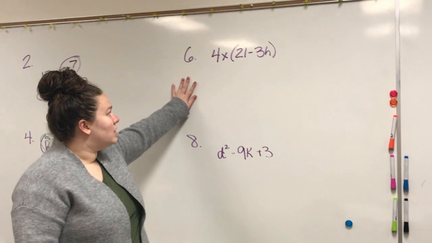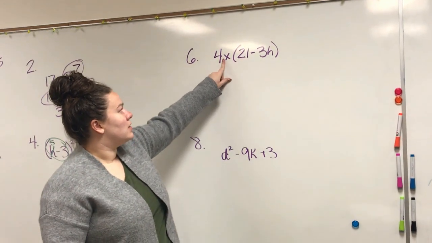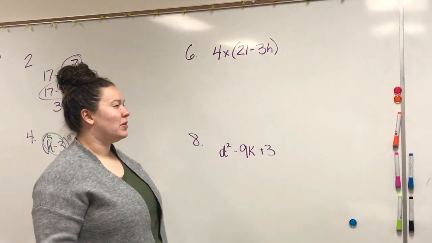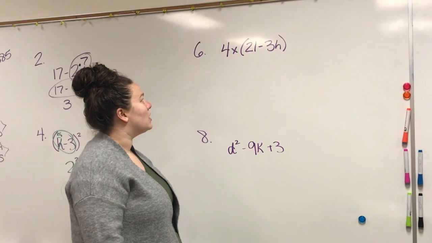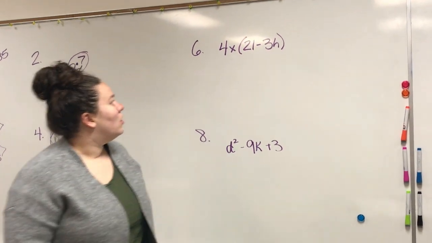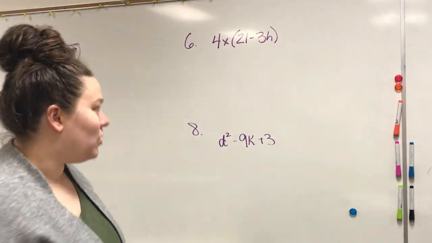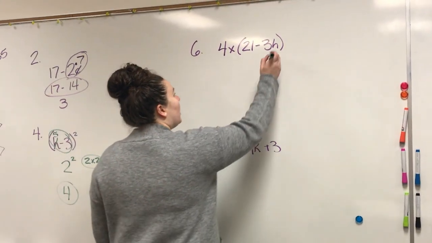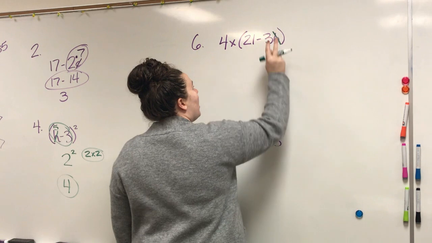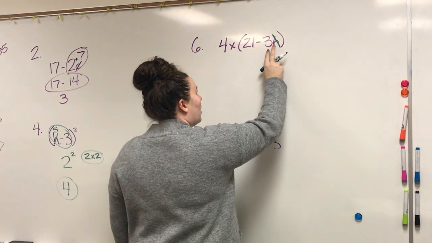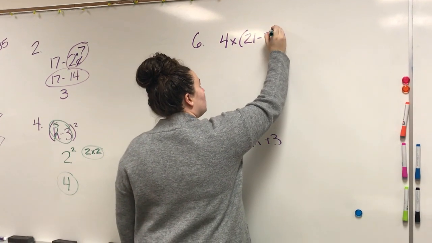Number 6, this is not the letter X, this is a multiplication symbol. I know that can be a little bit confusing. On number 6, it says h is equal to 5. So again, I'm going to cross out this h, and because the number and the letter were touching, that means multiply.